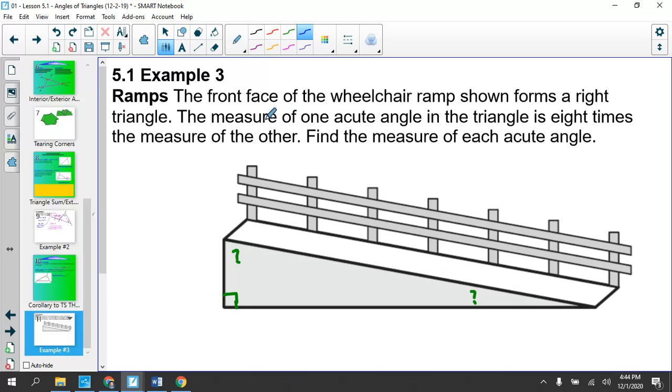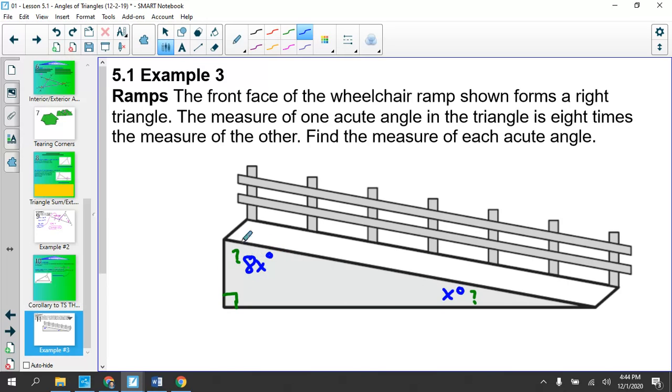These are both unknown. If this measure is x degrees, I have no clue what it is, but I also know that this other one up here is 8 times larger. Well, if this is x, this has to be 8x degrees.